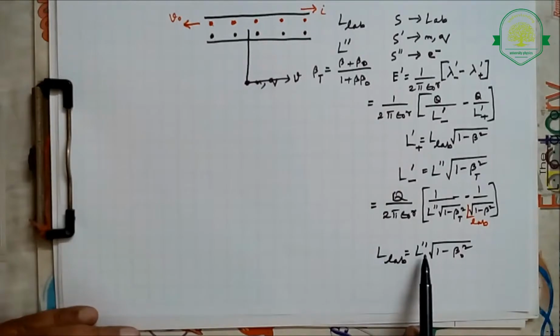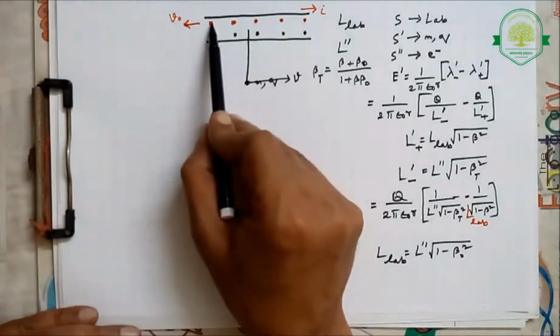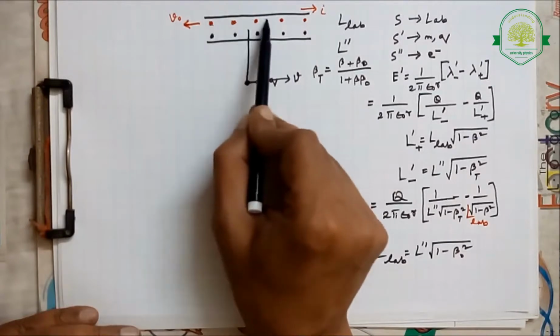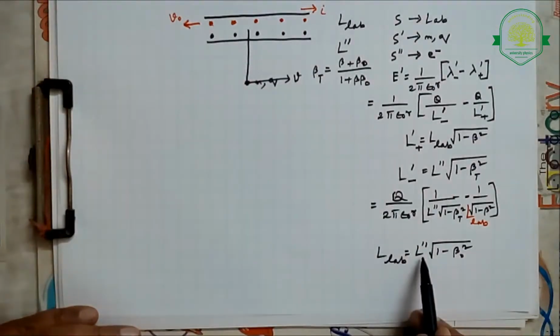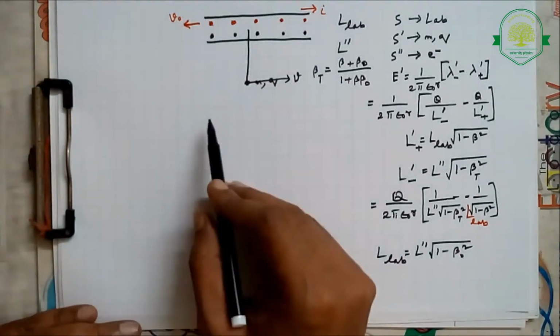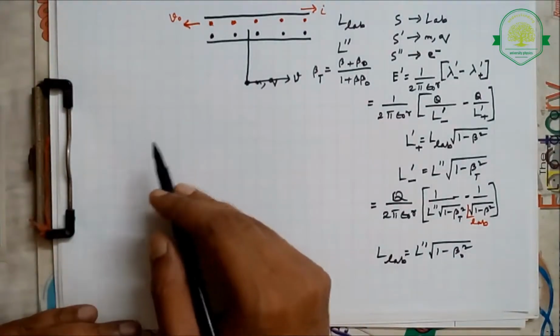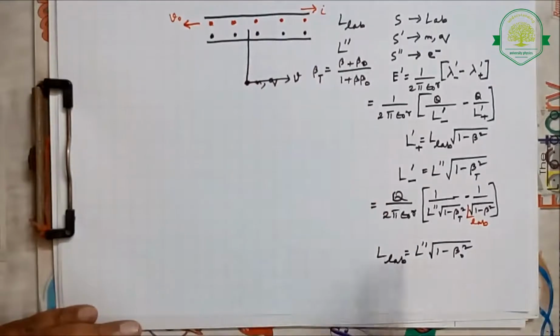The natural length of the distance between these electrons is L double primed. So as seen from the lab frame, they suffer a relativistic length contraction, which is given by this formula. I hope I've made myself as clear as possible.